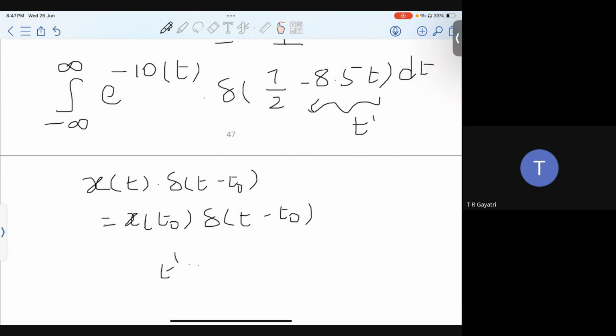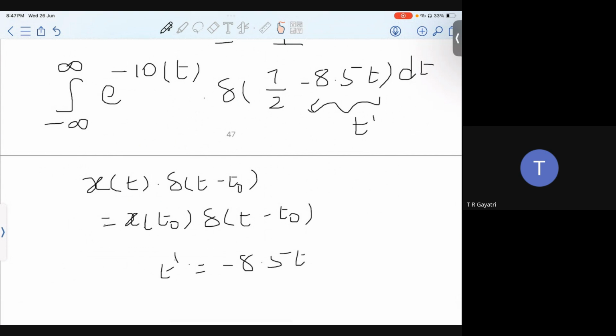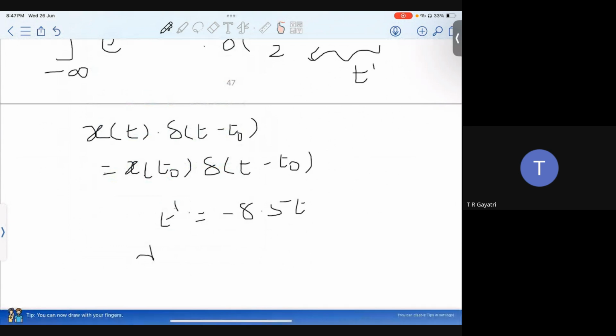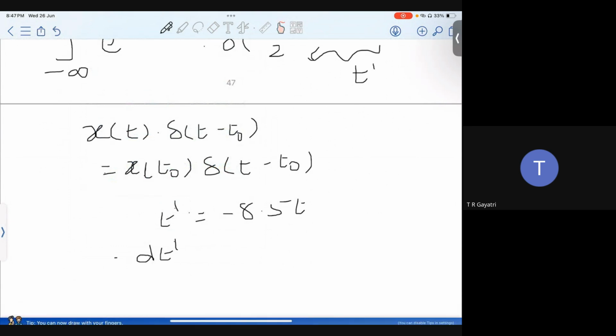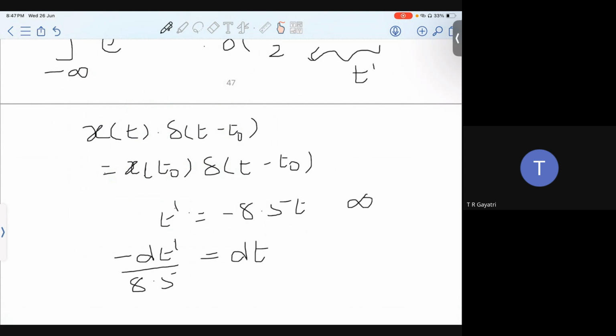So t prime is minus 8.5 t. And what is dt prime from this? dt prime by 8.5 is dt, with a minus sign. And the limits would be: minus infinity becomes infinity, and infinity becomes minus infinity. So the limits would be infinity to minus infinity. When you interchange the limits, that minus and this minus get cancelled.